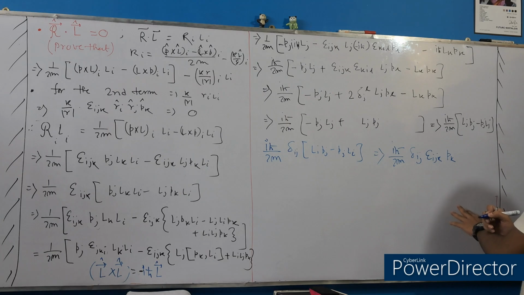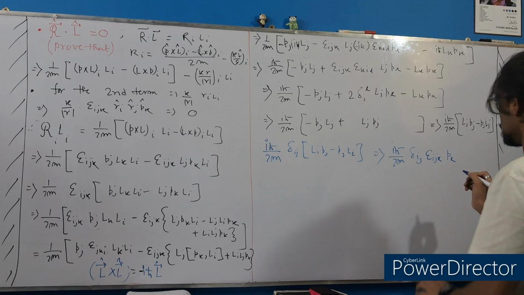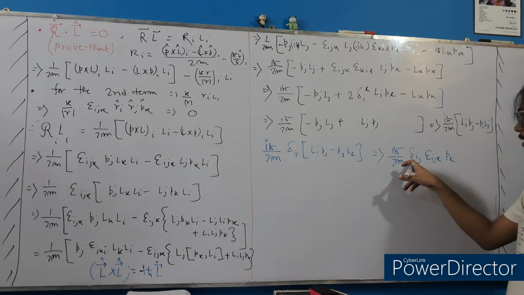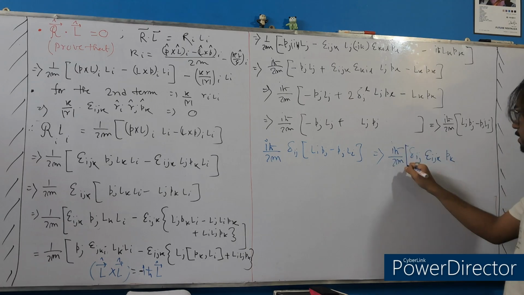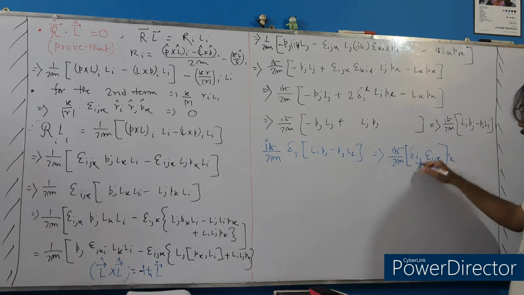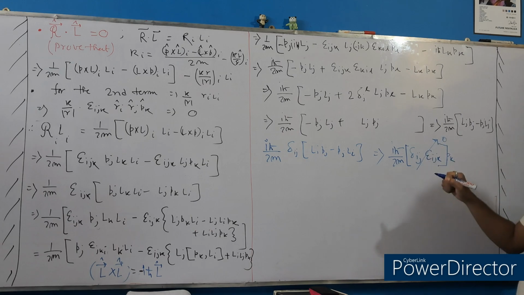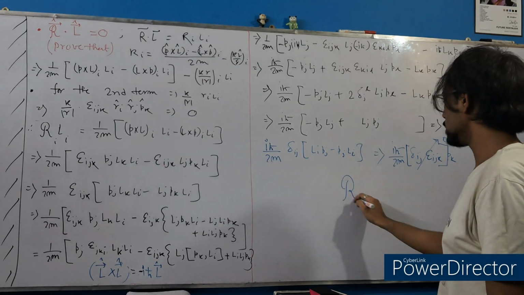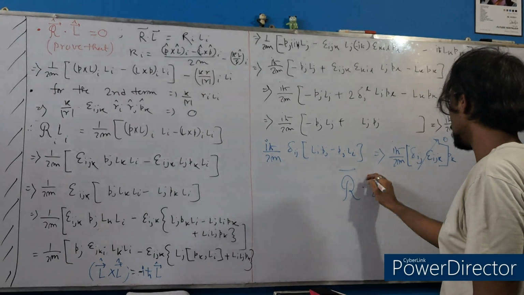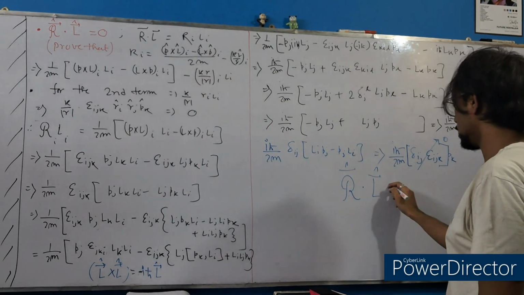Okay. Now see, here is a twist. The twist is that Kronecker delta will set two indices of the epsilon ijk to the same. That means epsilon jjk or epsilon iik, which means that this part will essentially go to 0, and which proves our point that indeed the Runge-Lenz vector taken dot product with the angular momentum vector will be 0.